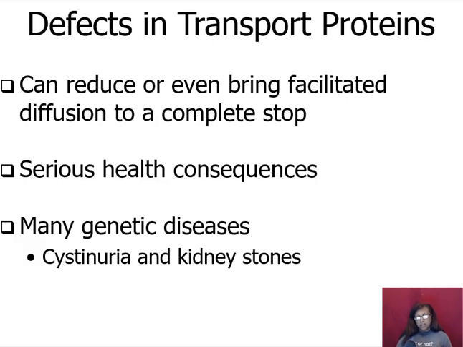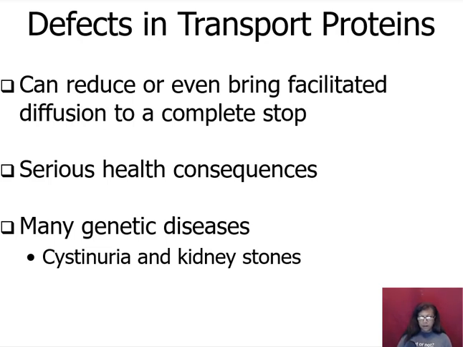All right. Defects in transport proteins can cause disease, right? That's why we care about these transport proteins. Defects can reduce or even bring facilitated diffusion to a complete stop. Just think, that transport protein that's supposed to move this one molecule across the membrane is defective. It's not working. And so now that molecule either can't get in or can't get out, depending on what needs to be done, and this can have really serious health consequences.